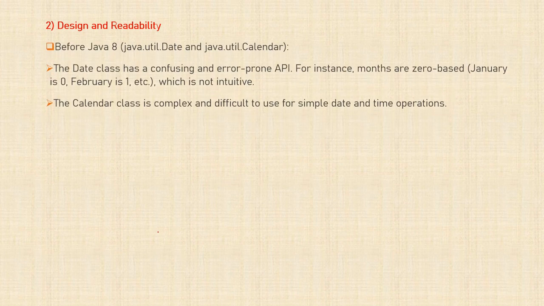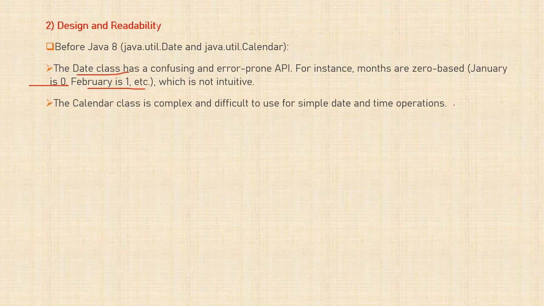Before Java 8, the Date class has a confusing and error-prone API. For instance, months are zero-based: January is 0 and February is 1. Inside the Date class, the Calendar is complex and difficult to use for simple date and time operations.